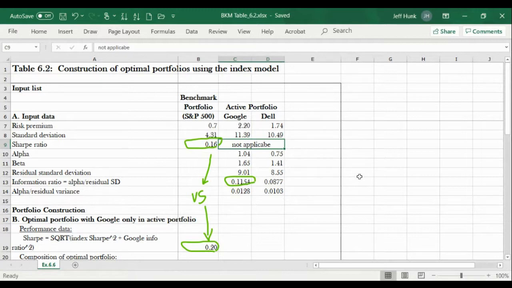It's the info ratio, right? So if you take a look at the info ratio, this is divided by the residual standard deviation. This is just the standard deviation of the return at the residuals.